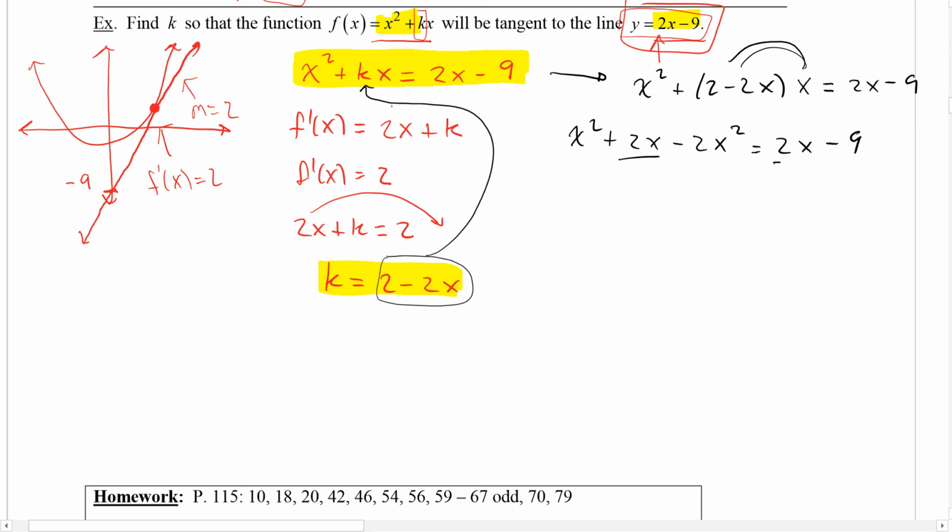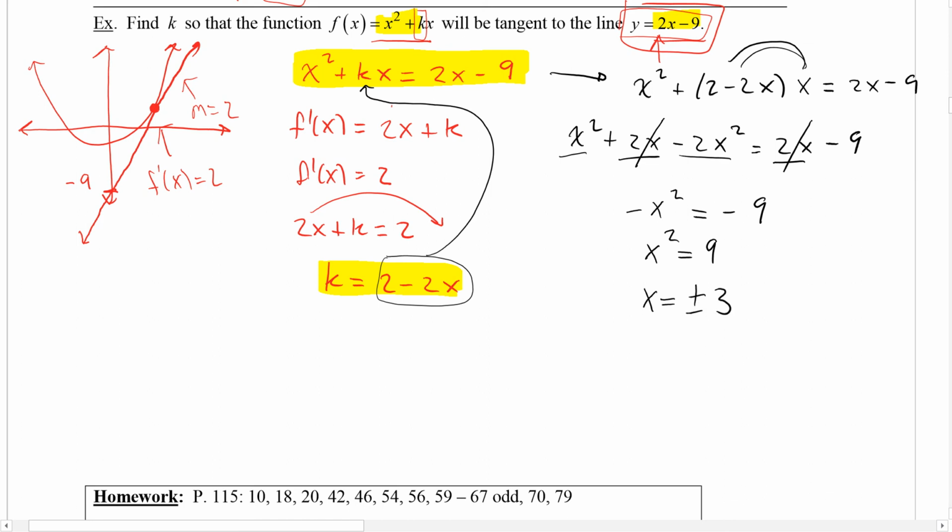Notice I have a 2x and 2x. Those go away. So I should get negative x squared equals negative 9, because the x squared and the negative 2x squared will make a negative 1x squared. I can multiply both sides by a negative. Now I get x squared is equal to 9, which means x is plus or minus 3.